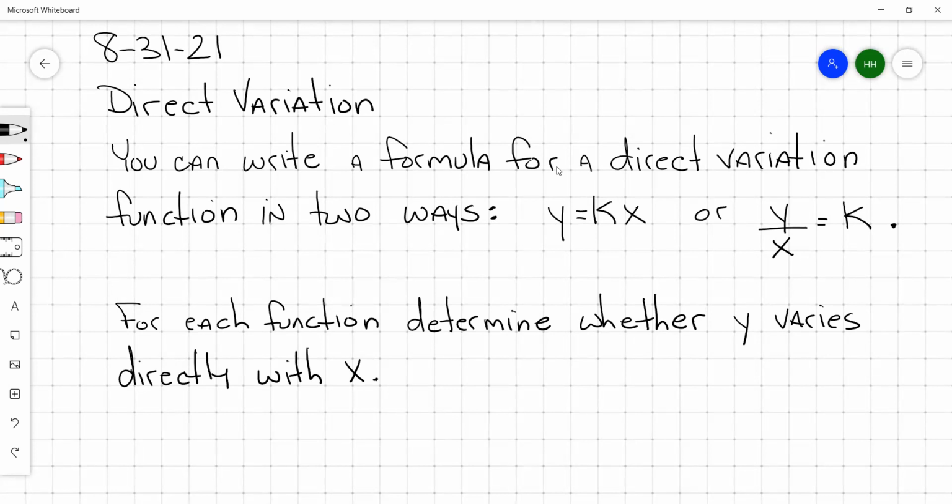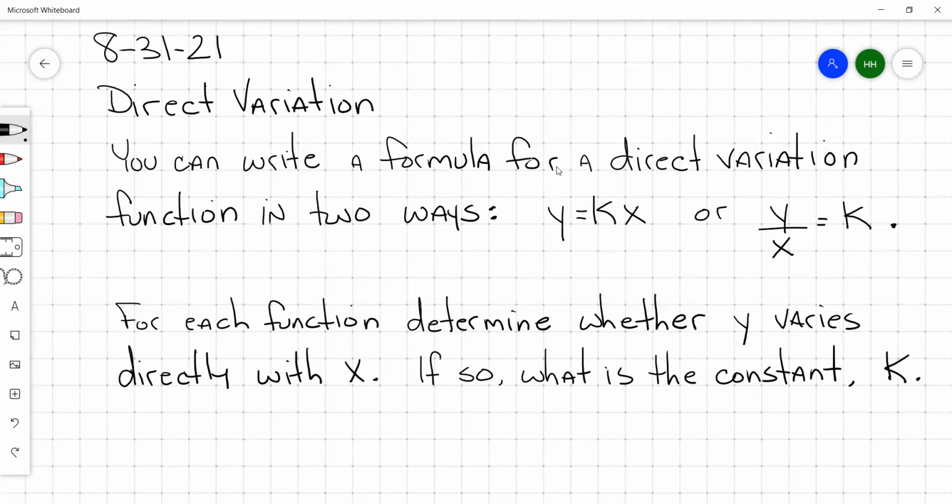Then they're going to ask you, if so, what is the constant? That's the k. If so, what is the k?